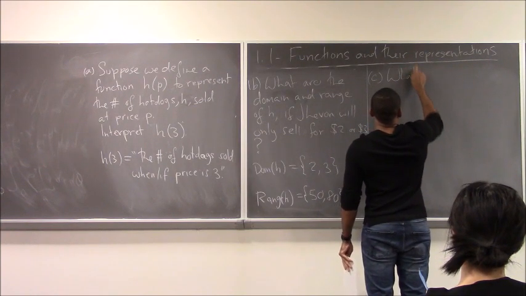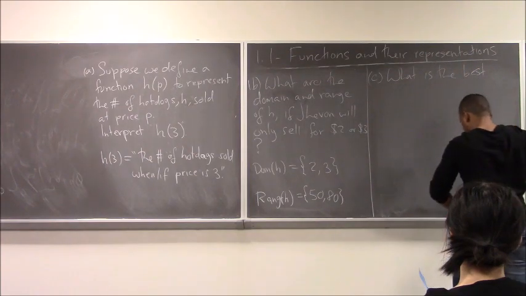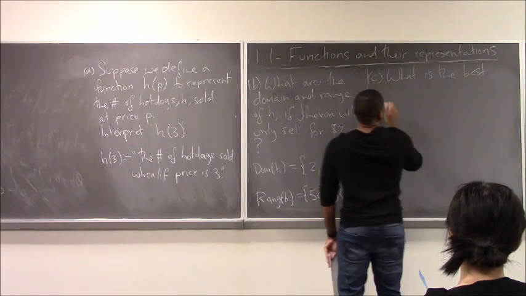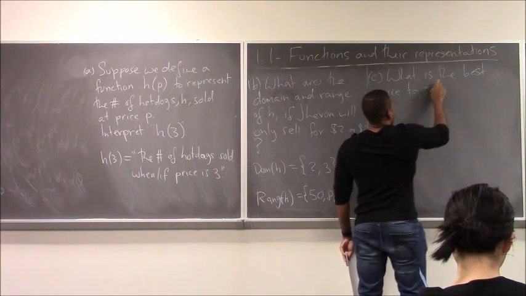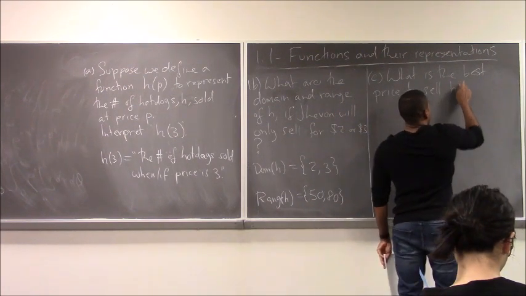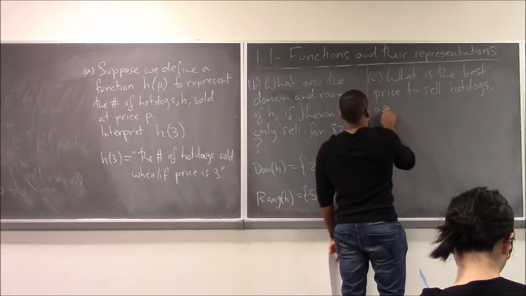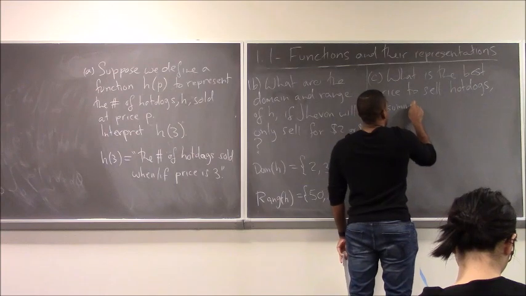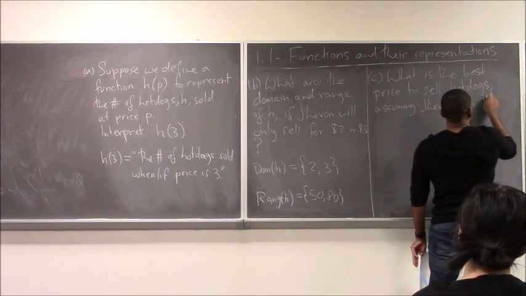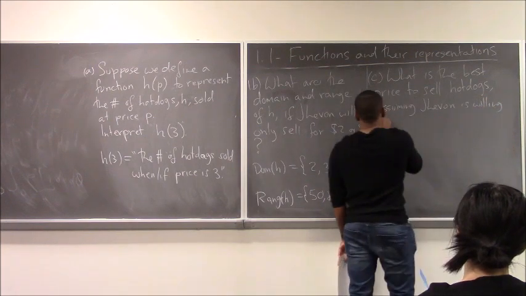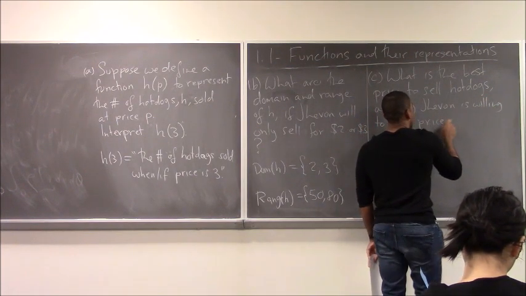So here's a question. What is the, and this one's going to be a little bit challenging probably. What is the best price to sell hot dogs? Assuming Jhevon is willing to vary price.